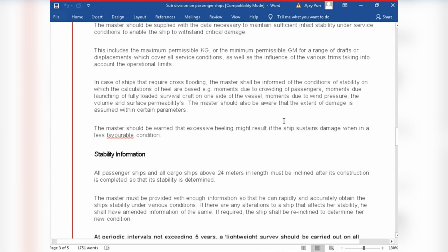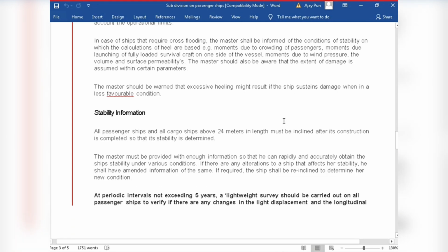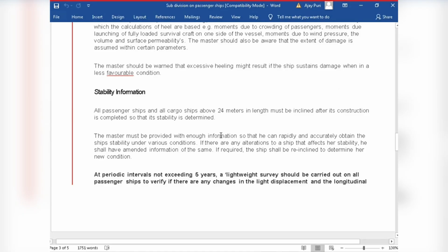Then the master should also be aware that the extent of damage is assumed within that parameter. Plus, he should be warned that excessive heeling may result in the ship sustaining damage when there is a less favorable condition.